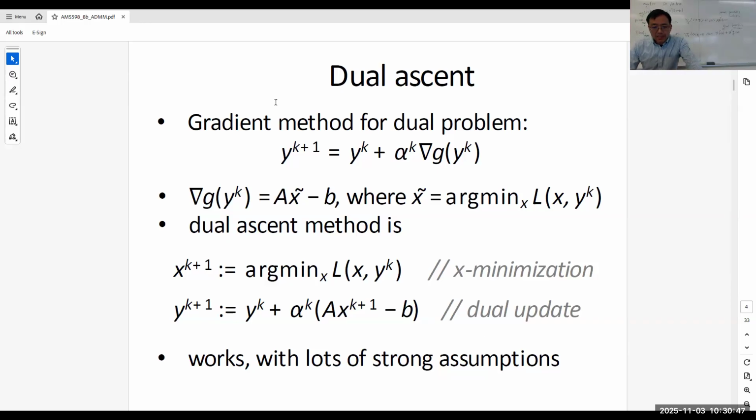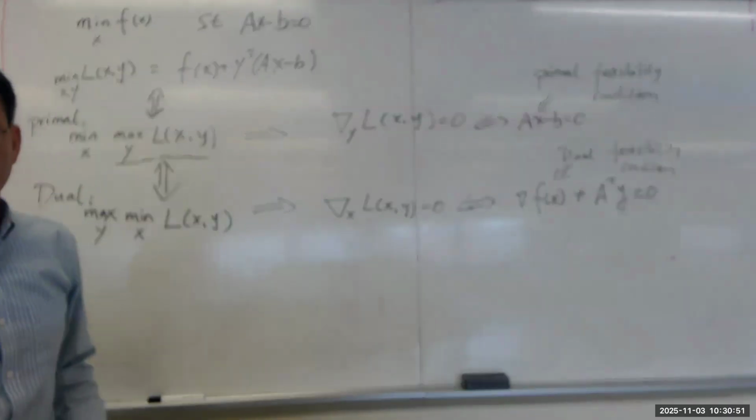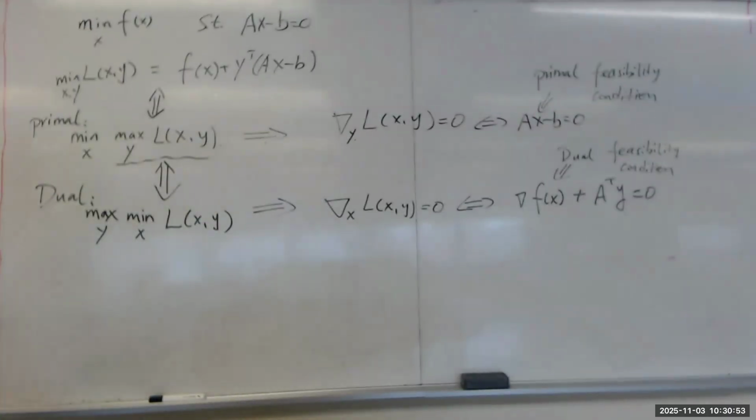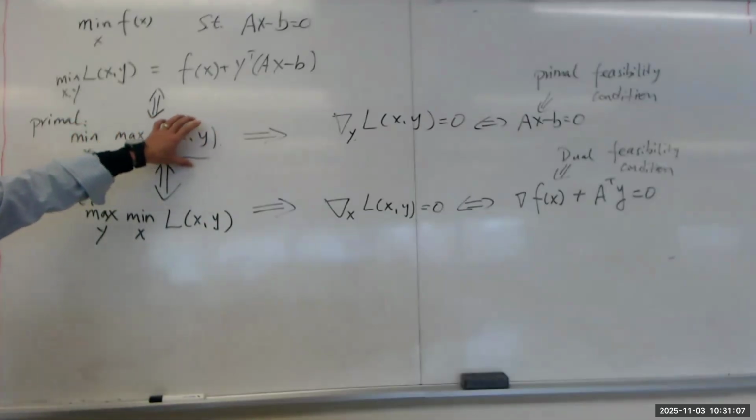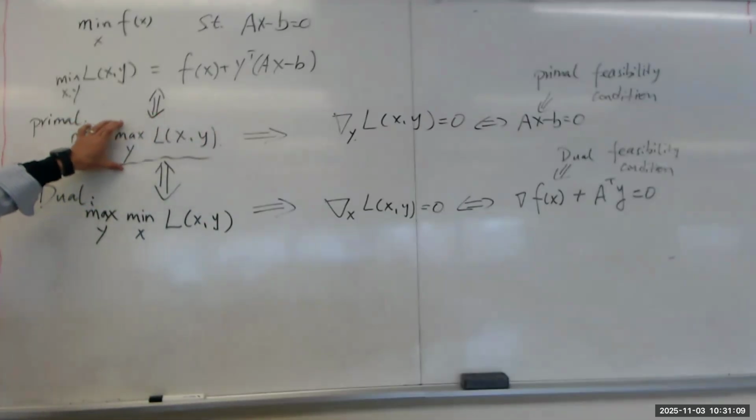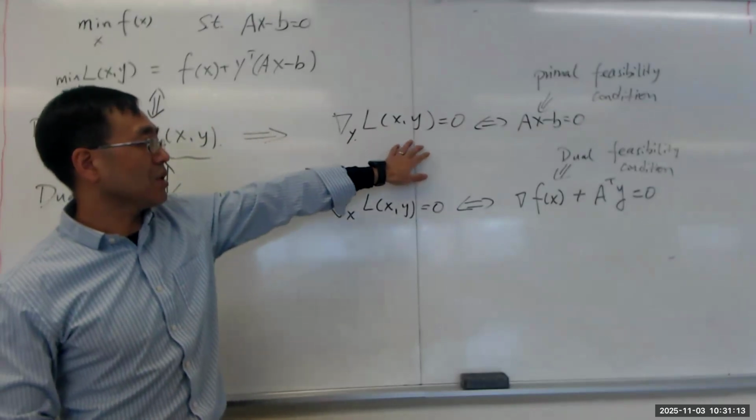With this setup, for those on Zoom, basically I'm saying that for the primal problem, in order for the outer minimization to work, you have to do the inside maximization first. For this maximization to hold, the gradient with respect to y must equal 0.